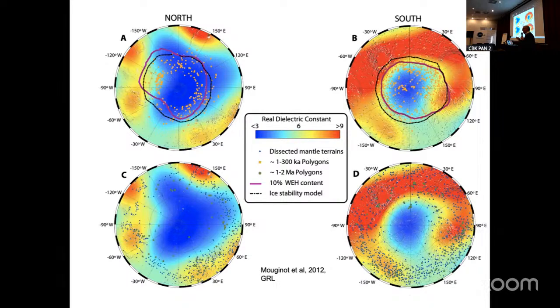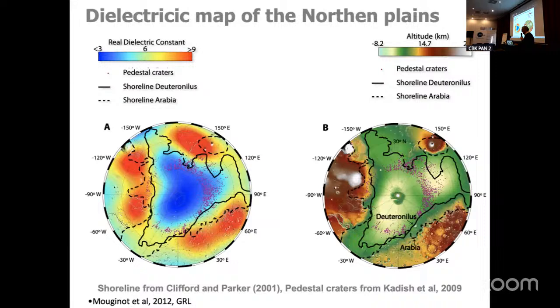And this is fine because this correlates with the shorelines of the putative ocean which existed on Mars. I don't know, because there is a large discussion about this, if really the ocean, this line is the shoreline of the putative ocean, which encloses our measurements well.